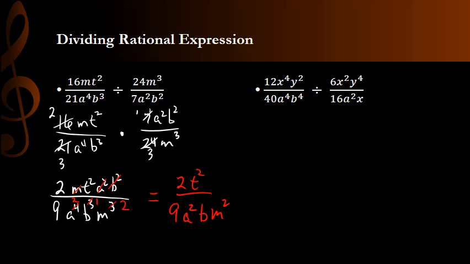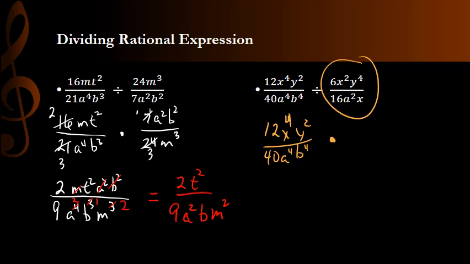All right, so we got 12x to the 4th y squared over 40a to the 4th b to the 4th divided by 6x squared y to the 4th over 16a squared x. Well, we're just going to multiply 12x to the 4th y squared over 40a to the 4th b to the 4th, and it's going to be times the reciprocal of this.